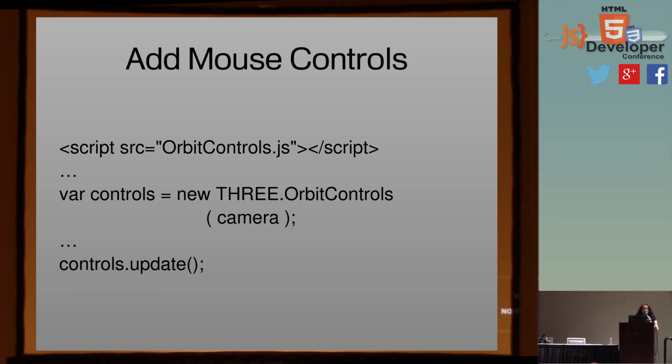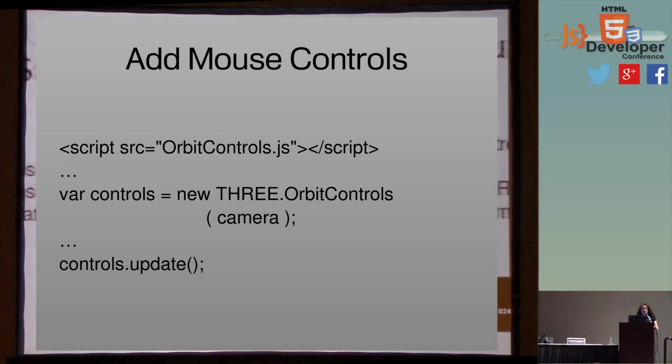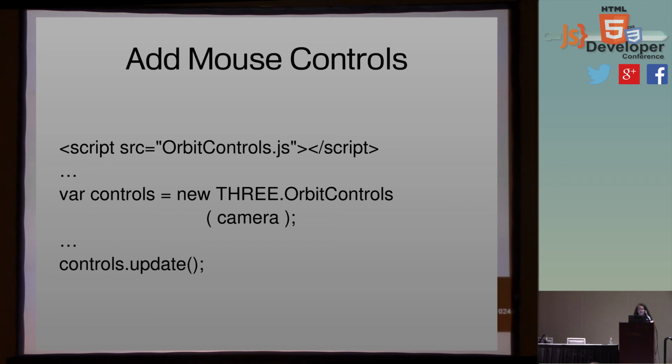That's all been abstracted away. There's only 3 lines you need to add. I've looked down into the examples in three.js, and I found the file that encapsulates that certain set of mouse movements. Just load that.